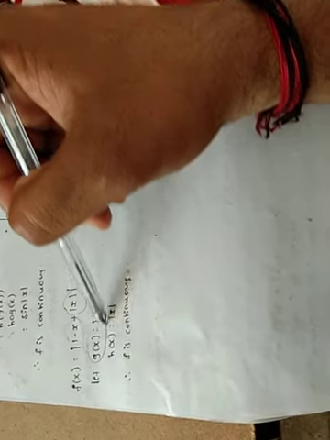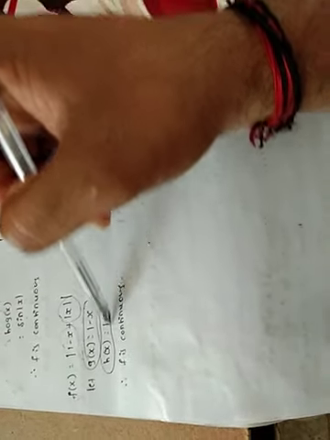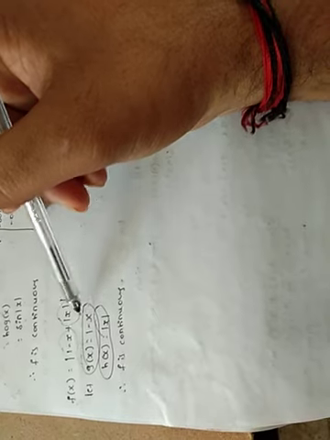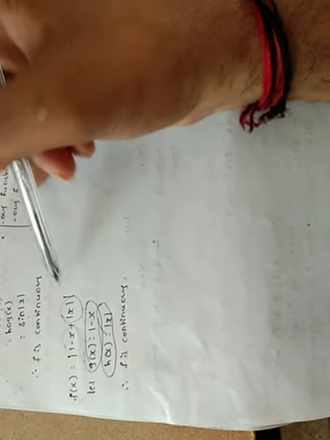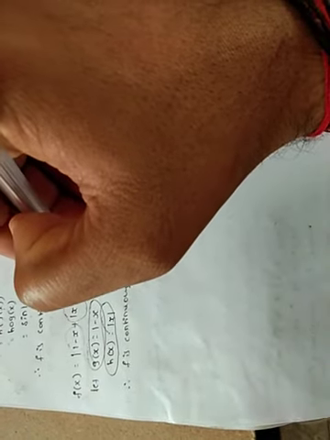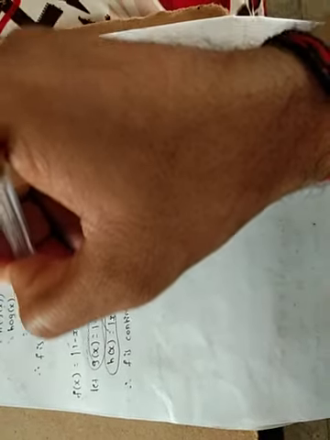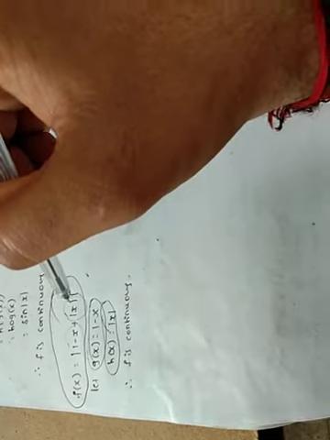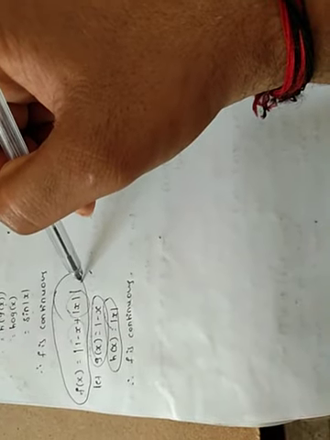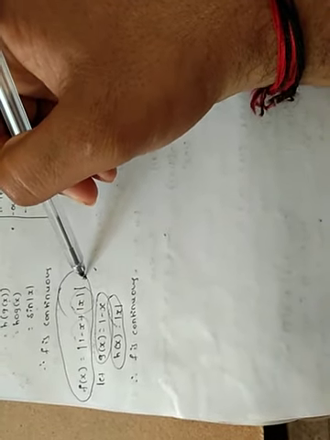Since this is a polynomial function inside a modulus function, the combination of a polynomial and modulus function is again a continuous function. If you treat f of x itself as a modulus function, then we can say that the given function is a continuous function.